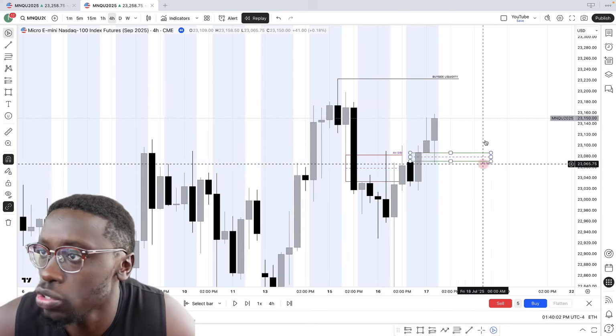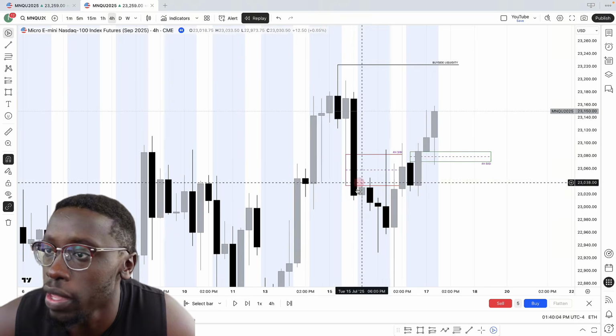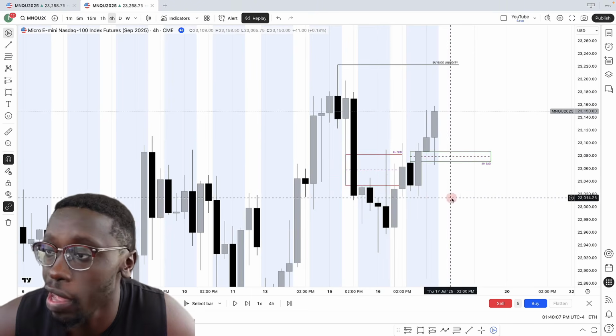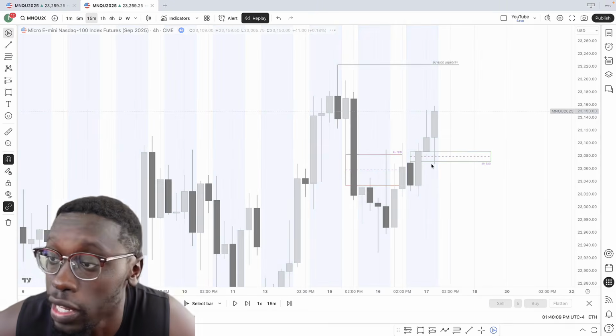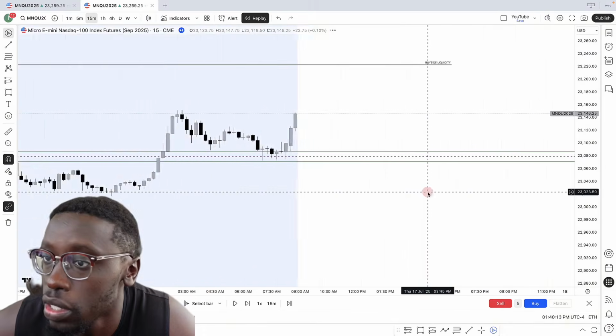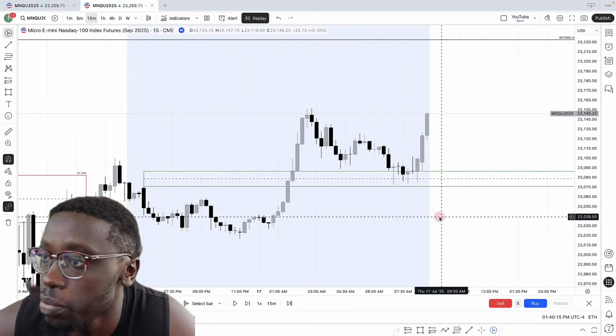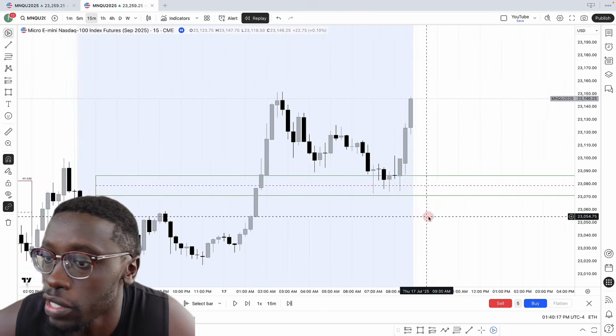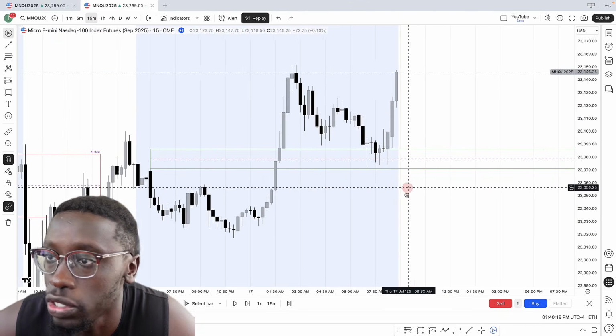So if we drop down to the 15-minute chart, because remember, a 4-hour time frame, we have to pair that up with a 15-minute execution, right? This is kind of what you will see here on the charts.